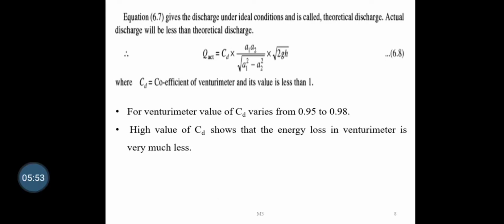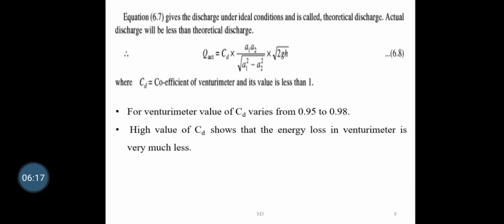This is because we have derived that discharge based on ideal conditions, on the ideal Bernoulli's equation. But we know that in actual practice, the actual discharge is much less than the theoretical discharge, and that is compensated with a coefficient which is CD.